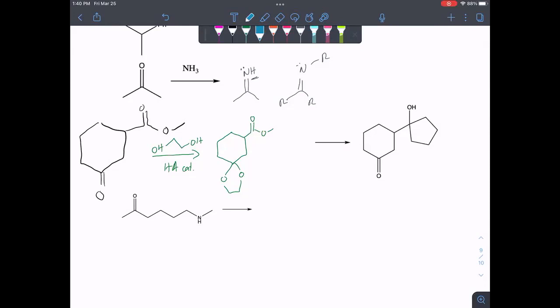The Grignard could have two pieces on it. So we added 4 carbons as a ring onto the carbonyl. So just like you said, you're going to have that 4 carbon chain with an MgBr on each side.